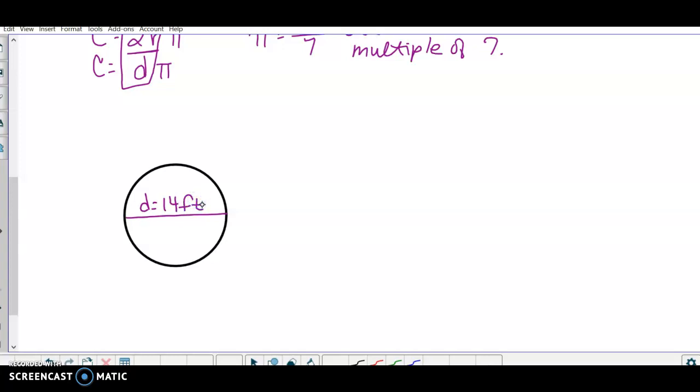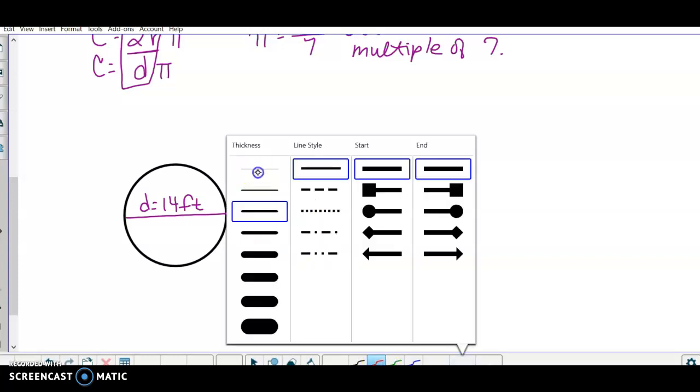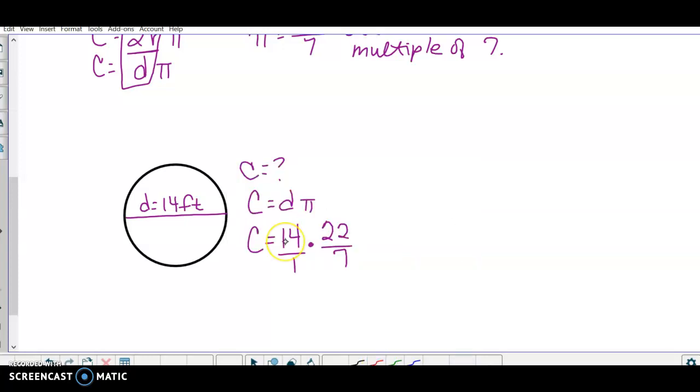If we're going to look for the circumference, we're going to continue to write our formula always, and then we're going to plug in our numbers. Well, our diameter is 14, and 14 is in fact a multiple of 7. So instead of 3.14, I'm going to use 22/7. I'm going to put a 1 under this 14. When we talked about multiplying fractions a long, long time ago in the first semester, we talked about how you can either swap your denominators, or you can simply look diagonal to simplify.